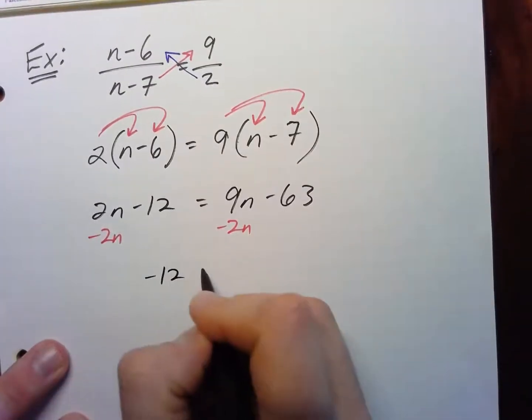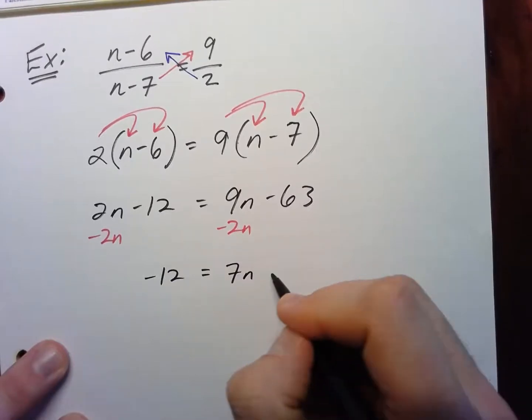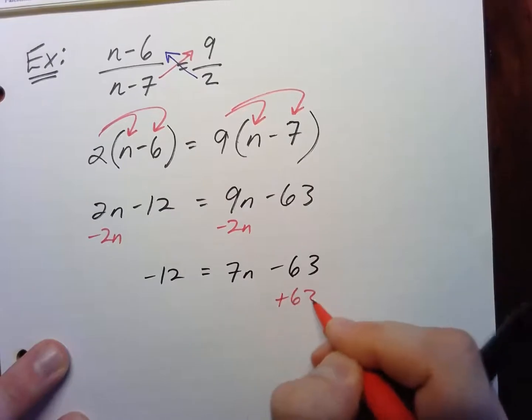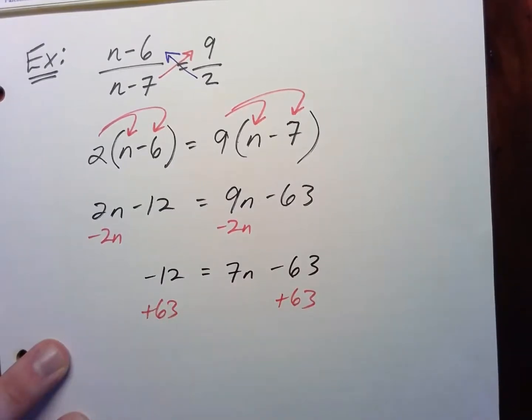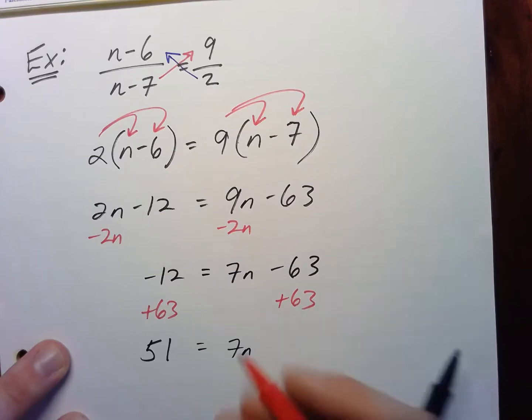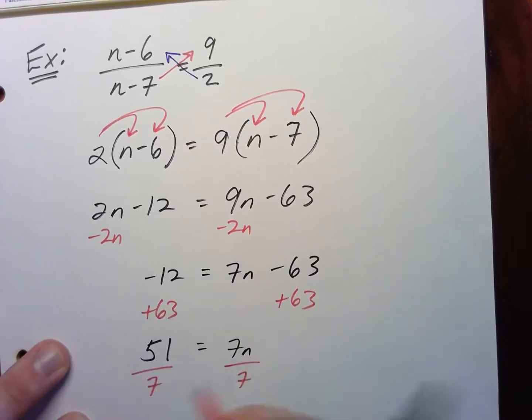So this is a minus 12, a 7n, and a minus 63. So now I need to add 63, and I'm going to get a 7n, and 63 minus 12 is, what is that, 51, right? 63 minus 12 is 51, and so then I got to divide by 7, and I don't think 51 divided by 7, yeah, that's irrational.